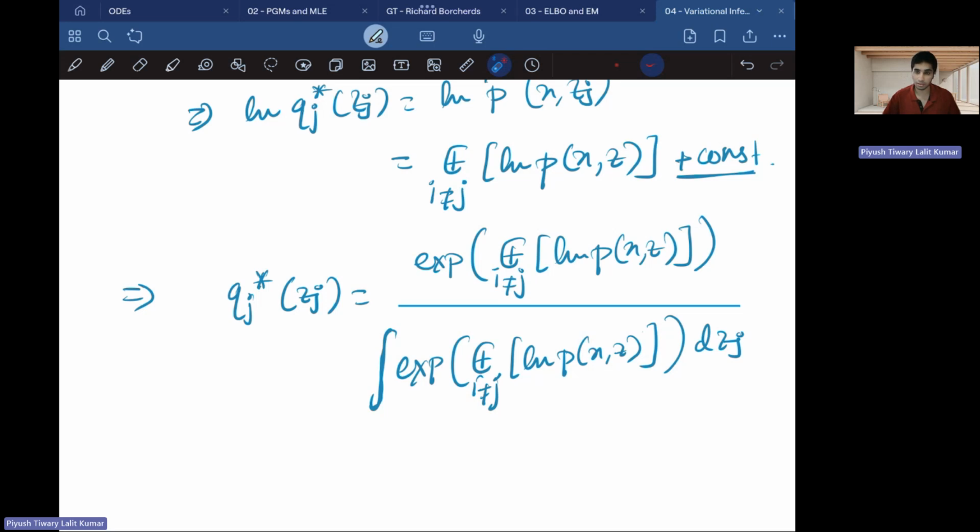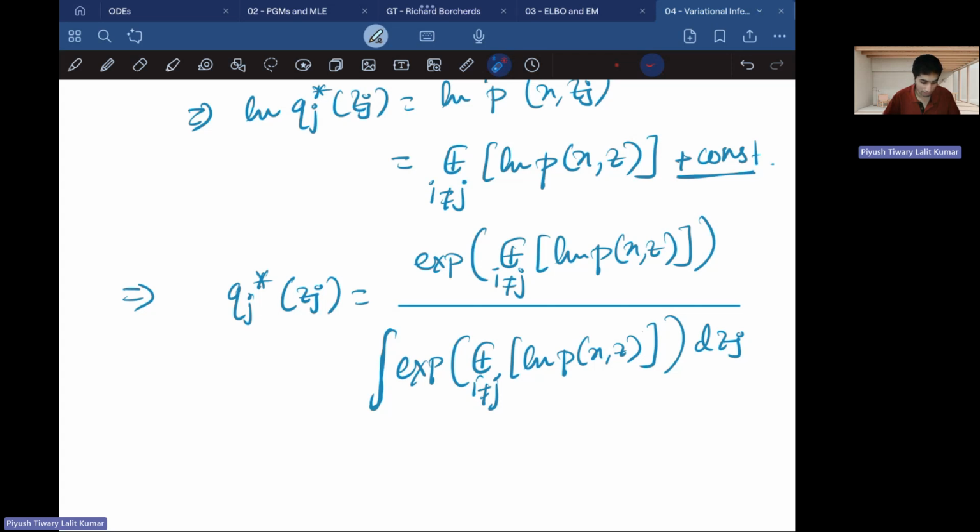People often ask, and at least I was very confused, what do we mean by calling these things variational? Why are we calling this variational inference? What is variational here?